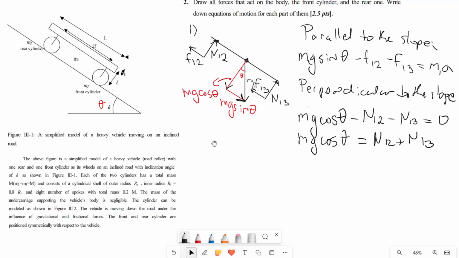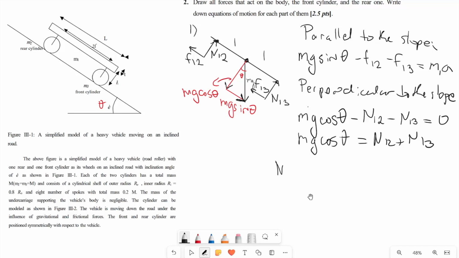We've balanced out the forces, but let's also consider the torques, or moments as we also call them in the UK. Okay, so I'm going to take moments around the center of mass, and if this distance here is 2L, that means this here is going to be L, this here is going to be L. So let's balance out the torques.